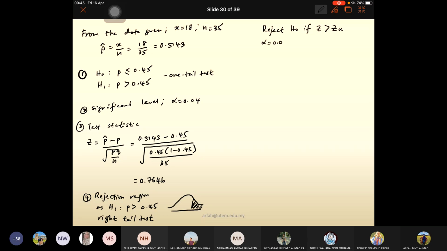Alpha equal to 0.04. Z alpha awak is Z 0.04. Right side dia akan jadi Z 0.96. Sebab kita nak dia yang belah kanan. Okay. So take a look berapa nilai dekat dalam tu. 0.96. So kebarangkalian dalam dia is 0.04.